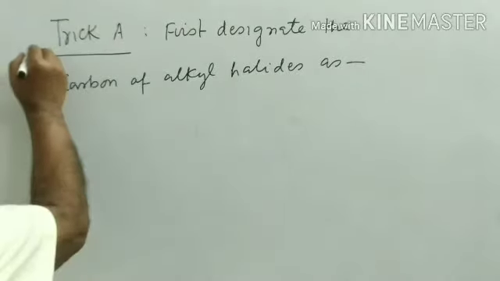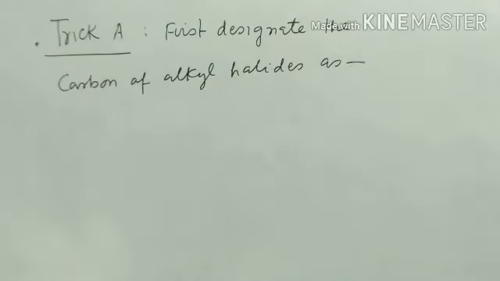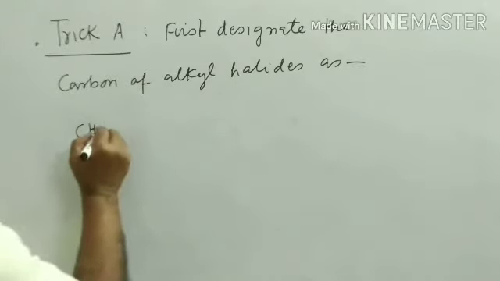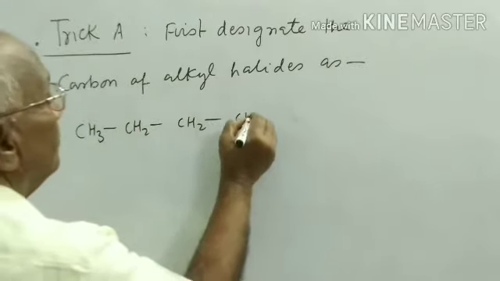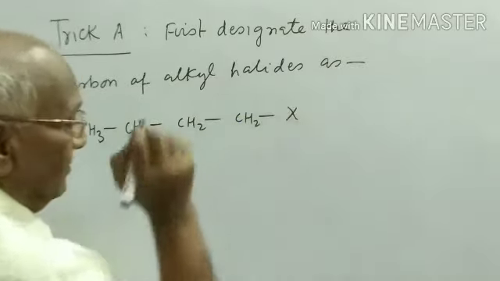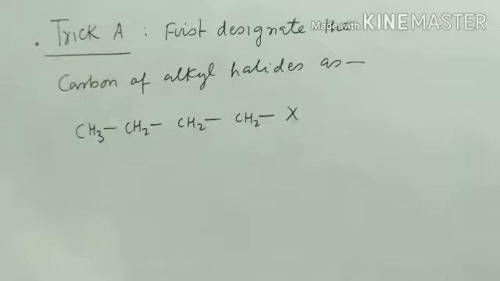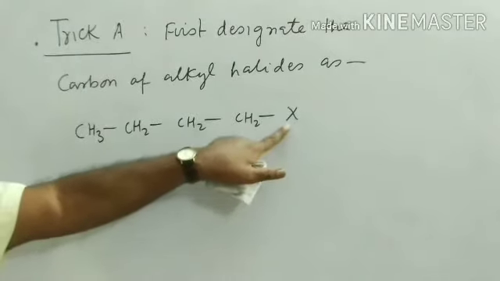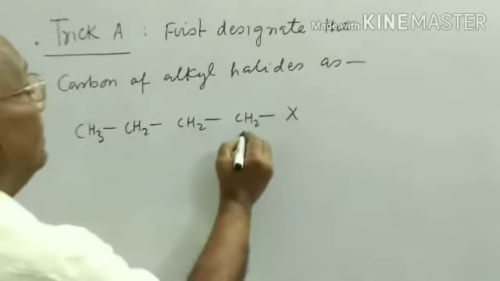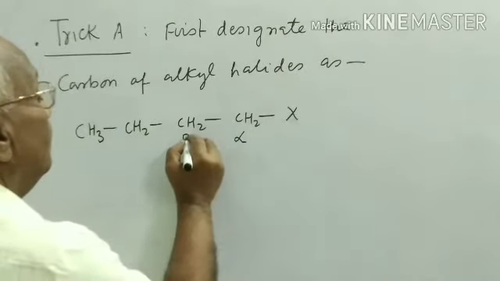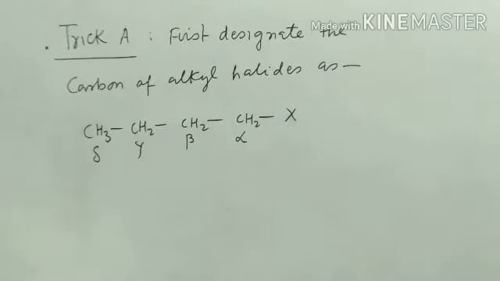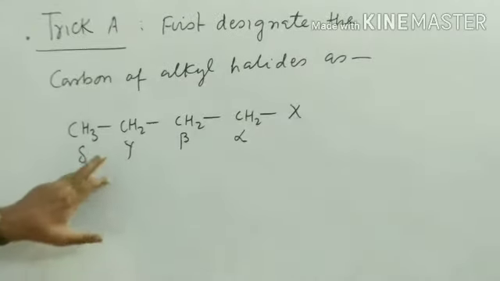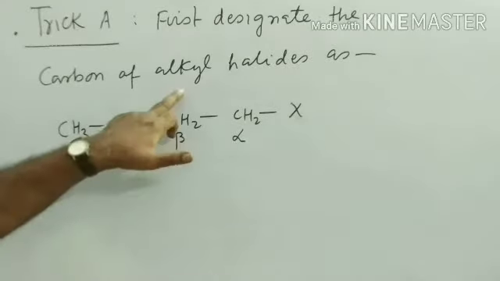Say this is CH3, CH2, CH2, CH2, and this is the X. The carbon holding the halogen atom is designated as alpha. This is beta, this is gamma, and this is delta. So these are the designations of the carbon atoms present in alkyl halides.